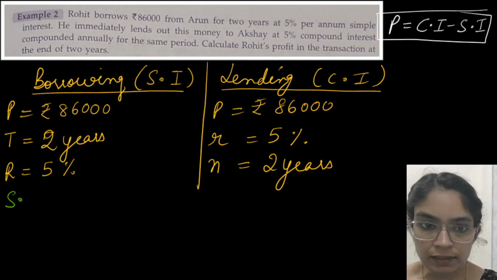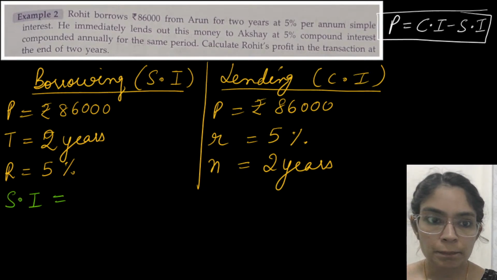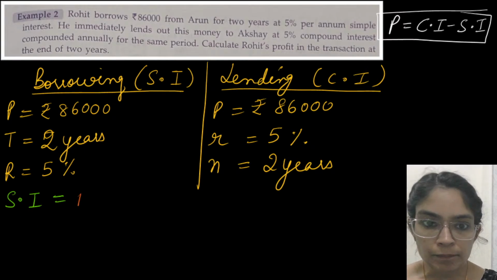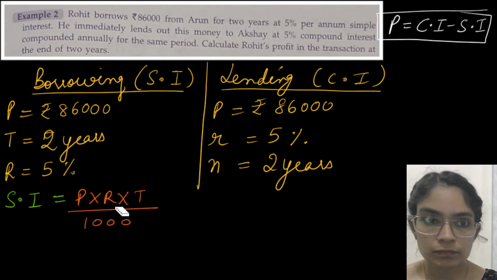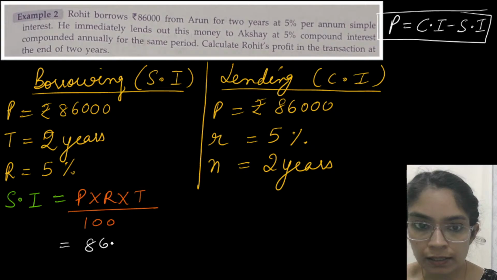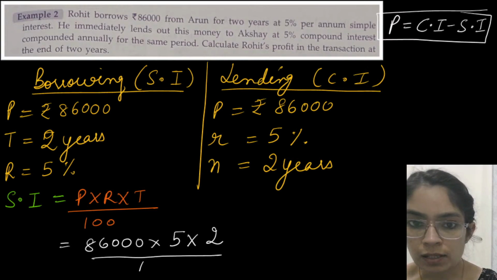The simple interest formula: simple interest is equals to P into R into T by 100. So P is 86,000, R is 5% and time is 2 years, by 100.